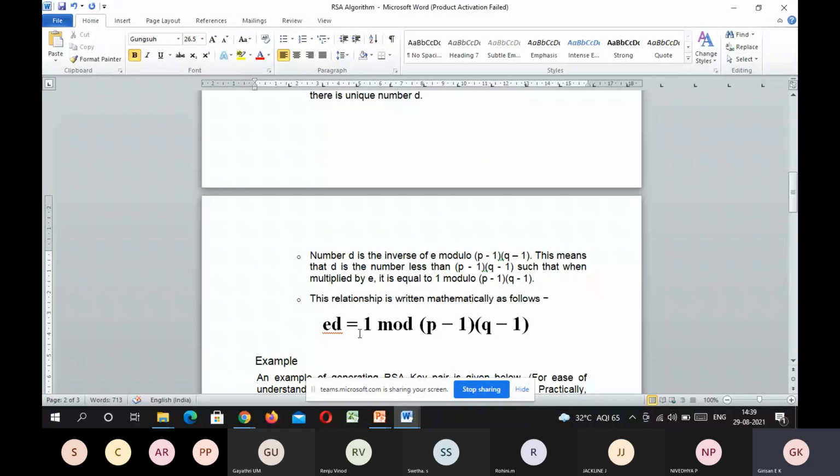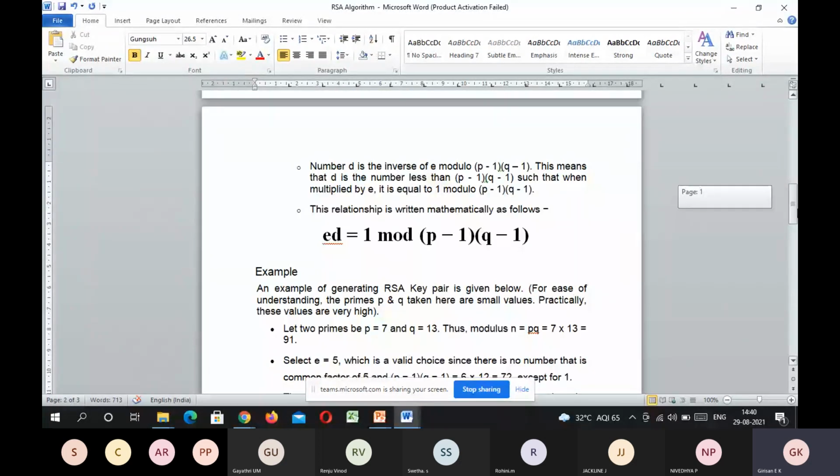Therefore D can be E inverse mod (P minus 1)(Q minus 1). The E goes to the right hand side, so D is equal to E inverse mod (P minus 1)(Q minus 1).